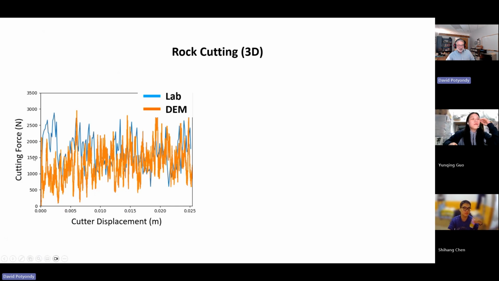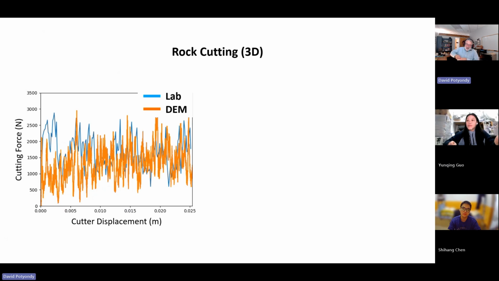They're measuring force as they force the cutter to have a certain displacement. And in the lab, what they see is they get this big variability here. This is because of this brittle behavior. I like to think of, I live in Minnesota, so in the winter it's cold, and sometimes we get a thin layer of ice on the sidewalk.